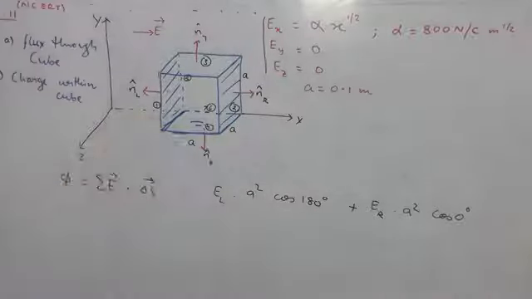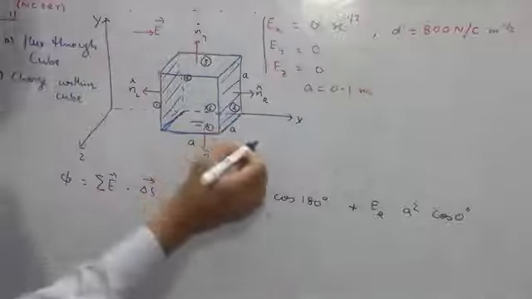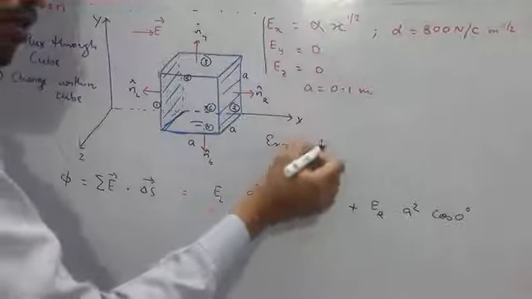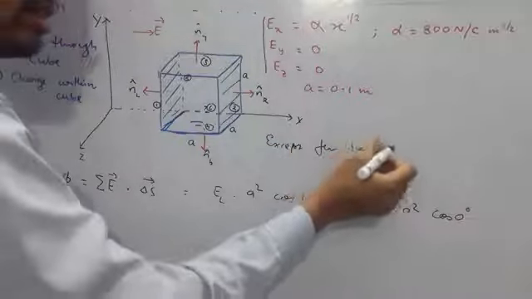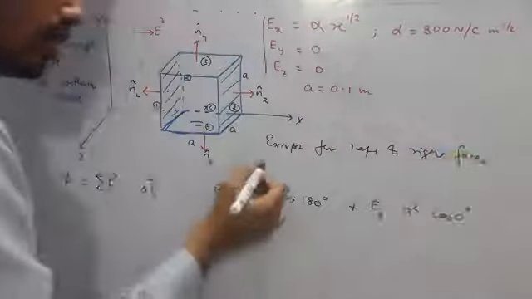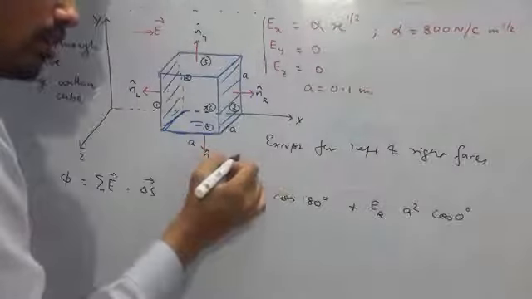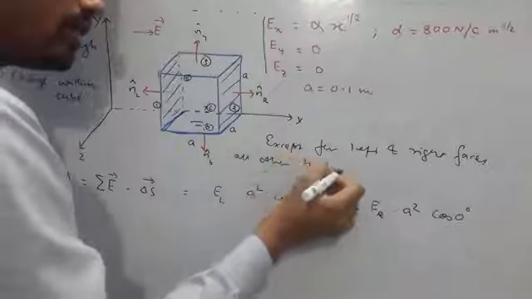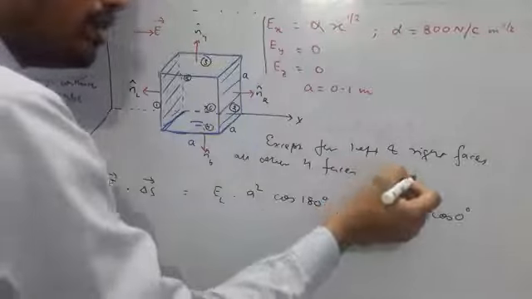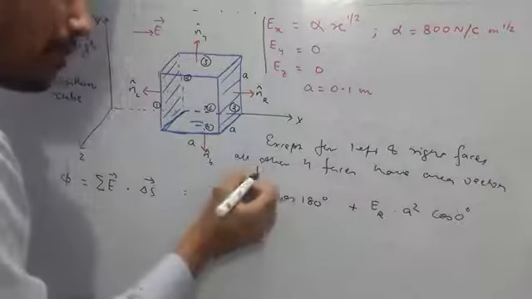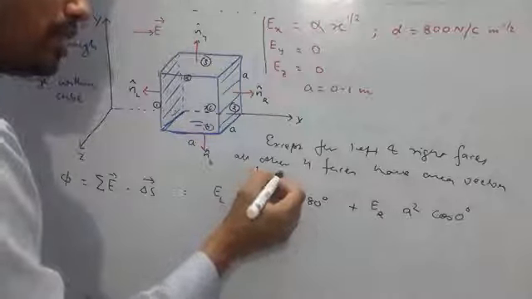So the answer will be this much. That I should write also, except for the left and right faces, all other 4 surfaces or 4 faces have area vector perpendicular to E vector.